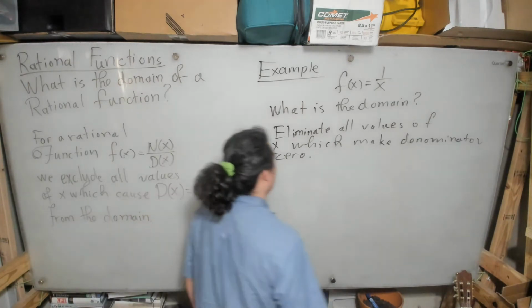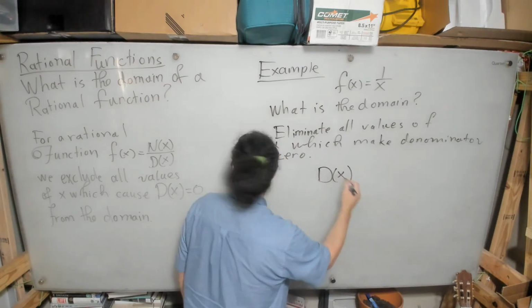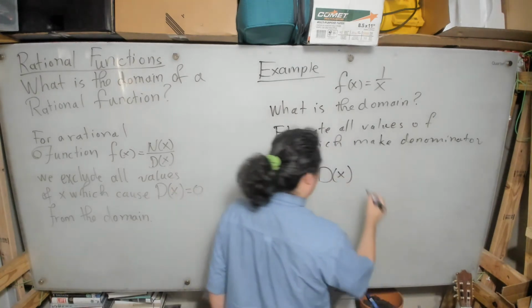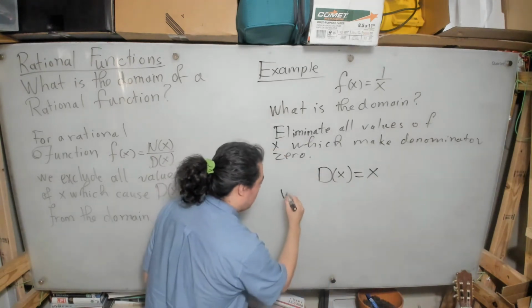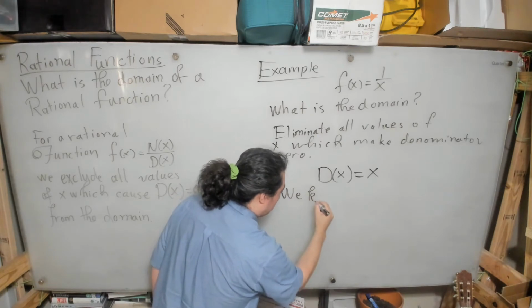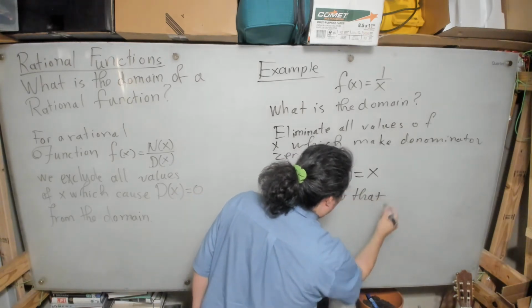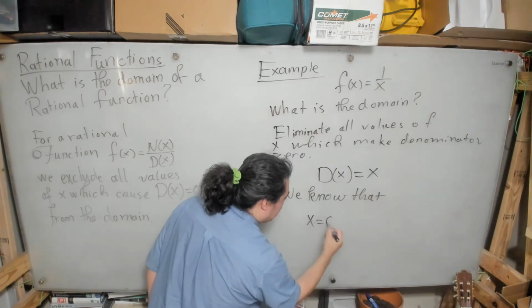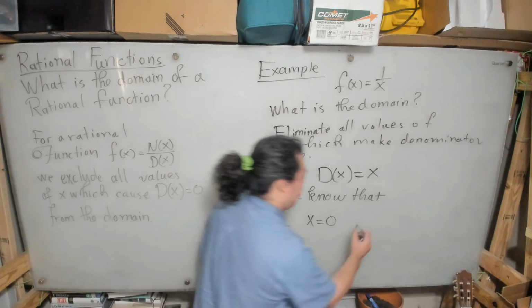Let's call it d of x, to be consistent with our notation. Our d of x is just x. Under what condition is x equal to 0? If x is 0.